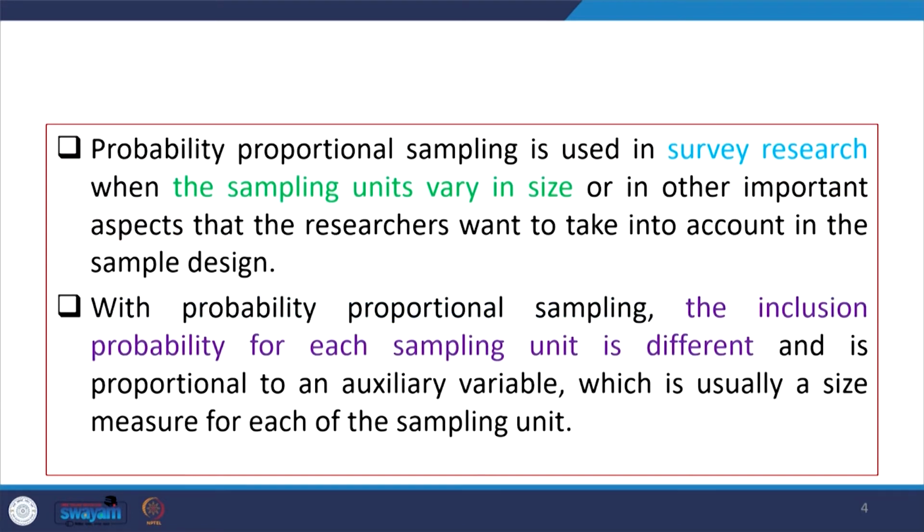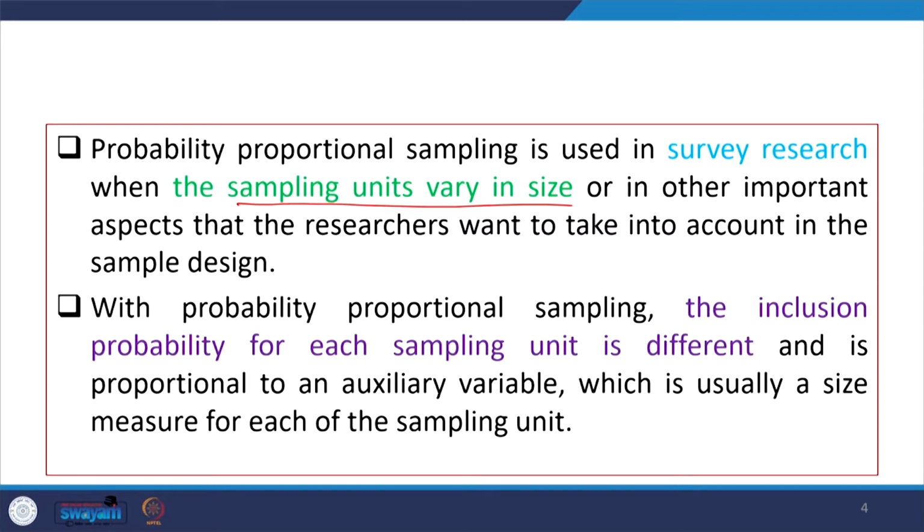Probability proportional sampling is used in survey research when the sampling units vary in size. Okay, so this is important. When the sampling units are very heterogeneous, a probability sampling technique is suggested.